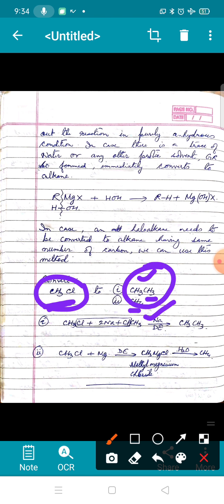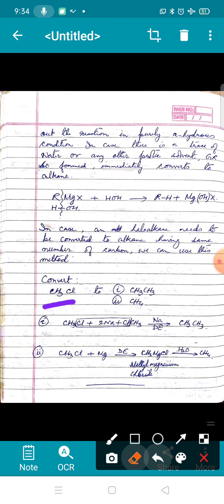Here you see the alkane which is formed has double the number of carbons of the starting material. In the starting material we have 1 carbon, but in the product I have 2. So that is a clear indication that you have to go for Wurtz reaction. Whereas in the second product you can see the number of carbons is the same. That means you have to go for Grignard reagent formation followed by hydrolysis, that means treatment with water.